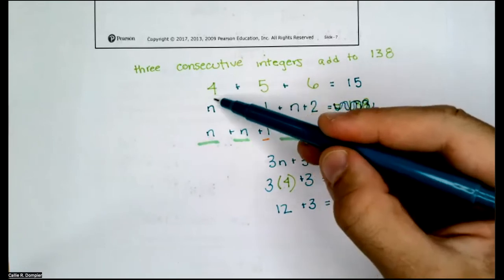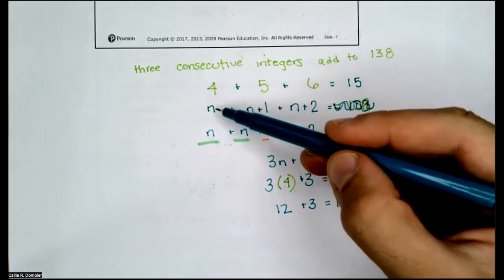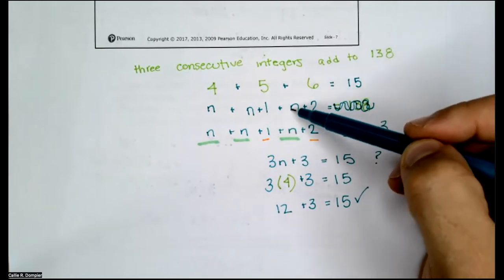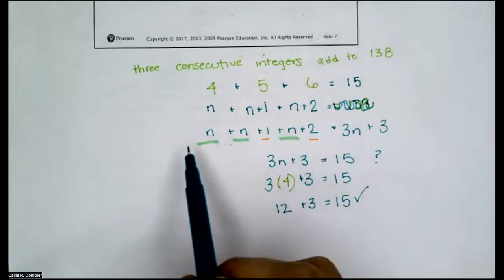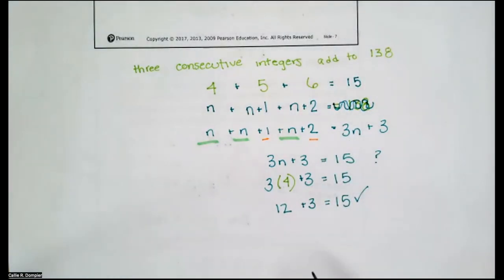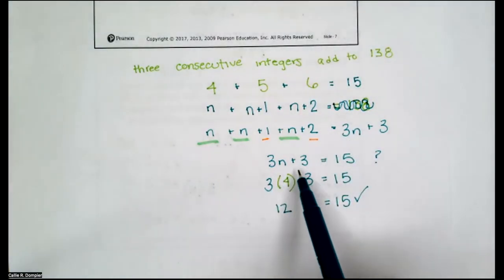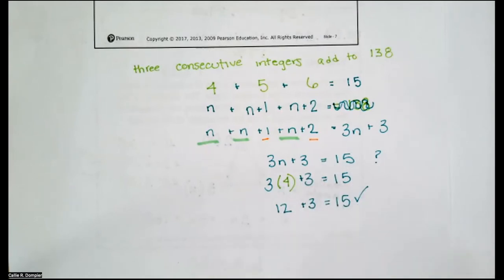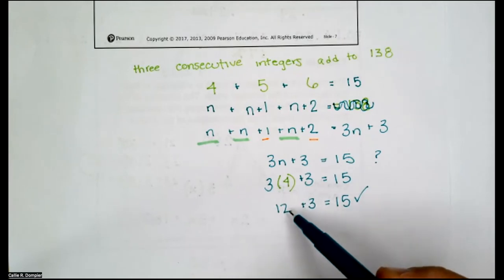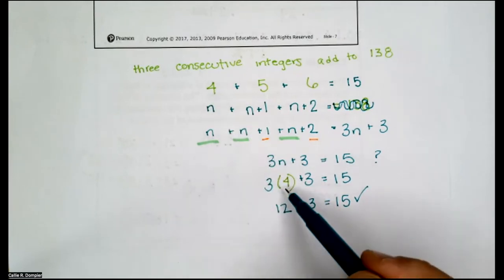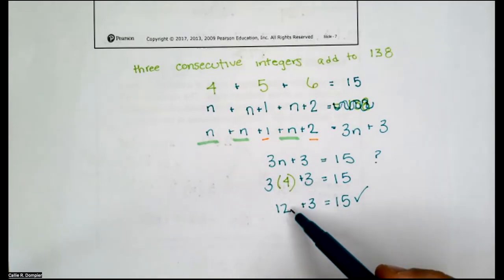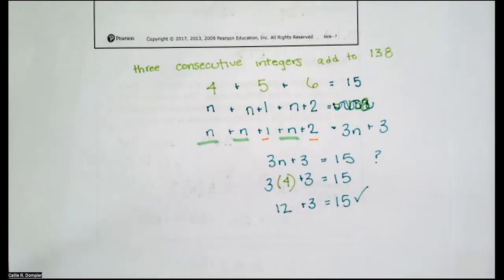In terms of the first number, 4 is the first number, 5 is that first number plus 1, 6 is that first number plus 2. We combined like terms and got the equation 3n plus 3 is 15. Then we put it back in terms of the smallest integer: 3 times 4 is 12, plus 3 is 15.